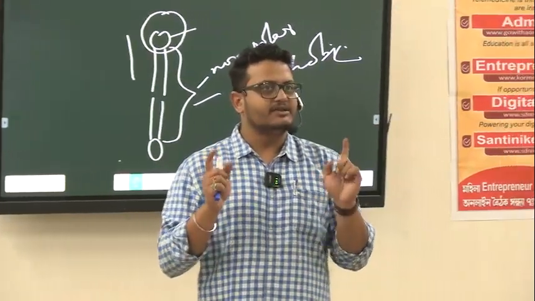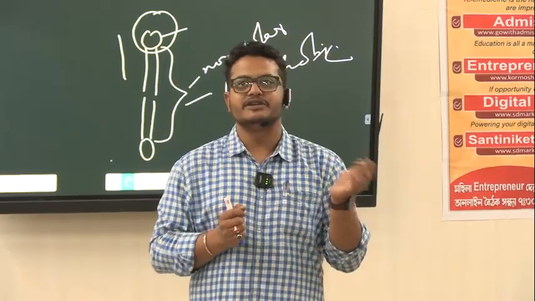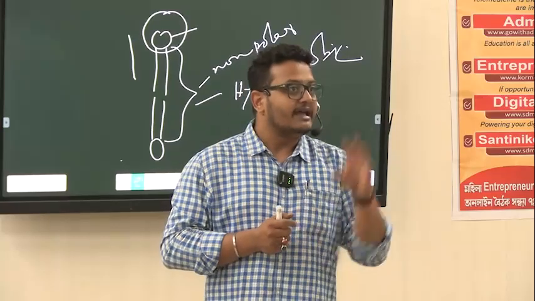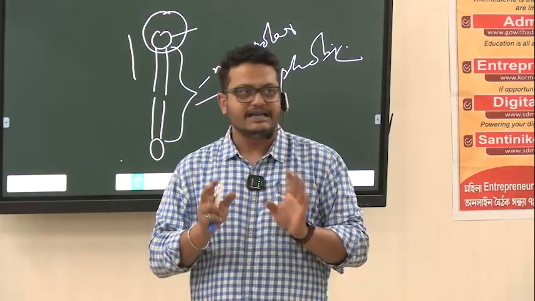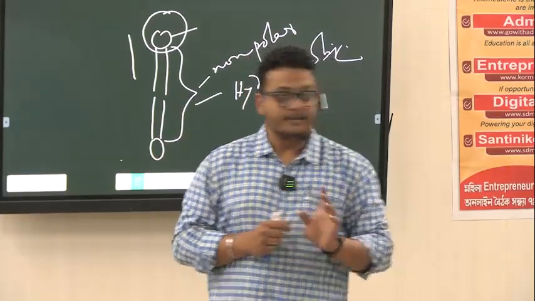Is my point clear? Yes or no? All of you? If you increase the substrate concentration, the chances of the inhibitor binding to the enzyme complex reduce. Okay? But there will be an exception. We'll come to that later. Remember this point.